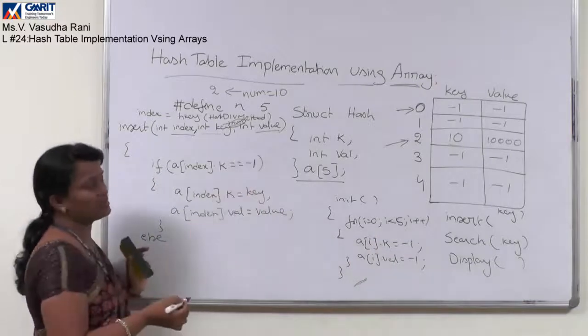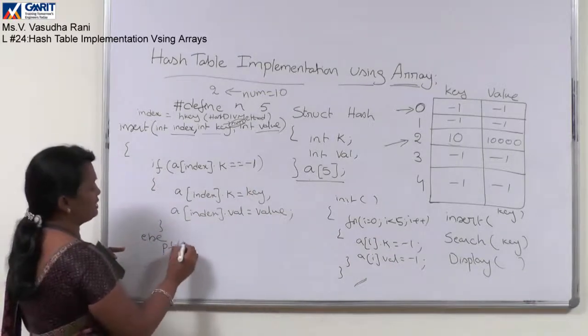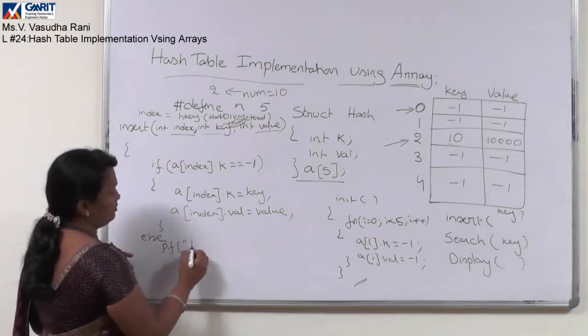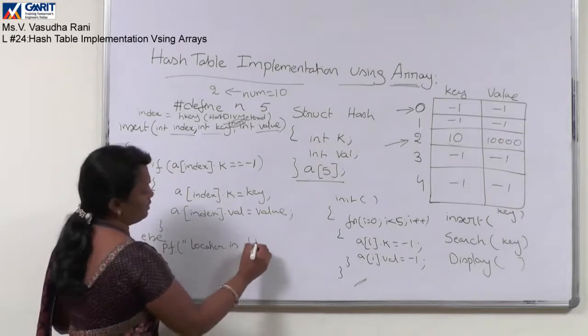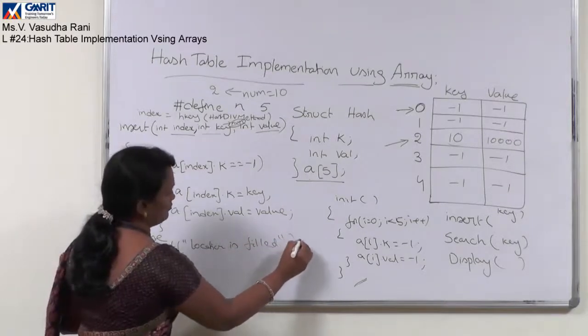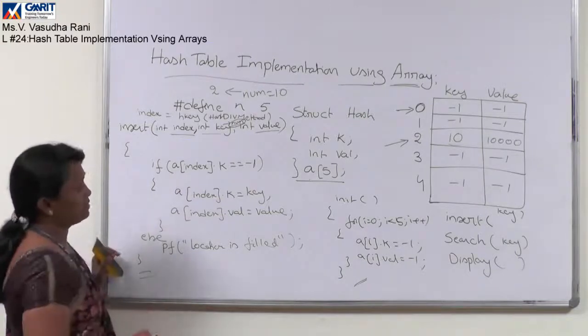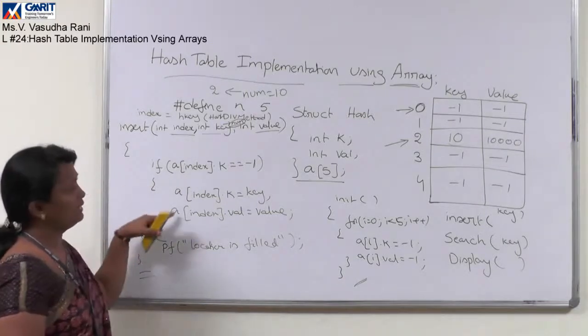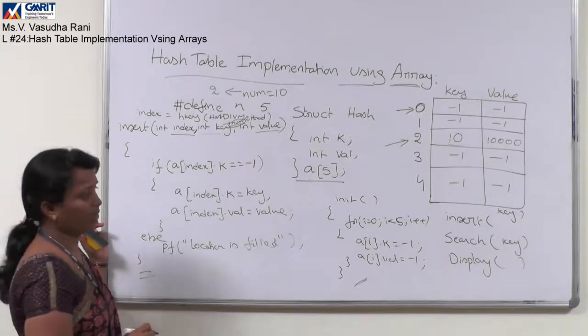That is the status of our hash table. Else we can print a message, location is filled. This is the code we can write for inserting a new key into the hash table.